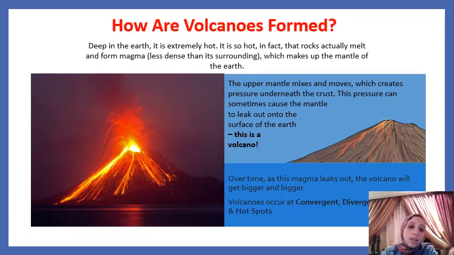So how do you think volcanoes are formed? The change in temperature and pressure inside the Earth causes the molten rock, magma, to rise or erupt through the Earth's crust.